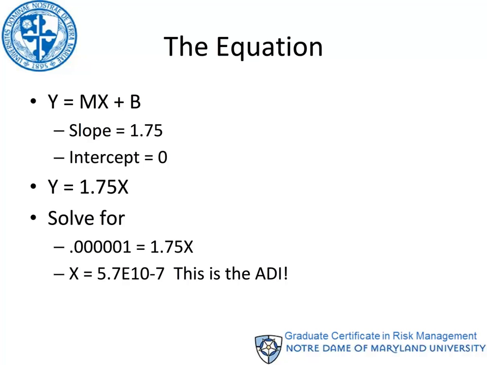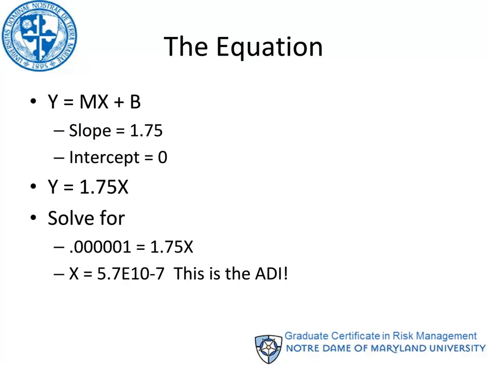Now we are interested in a very low probability of cancer. 1 chance in a million. 1 chance in a million is 0.000001. Don't be confused by the bullets here. Unfortunately, the bullets show what is a dash that is not a negative sign.